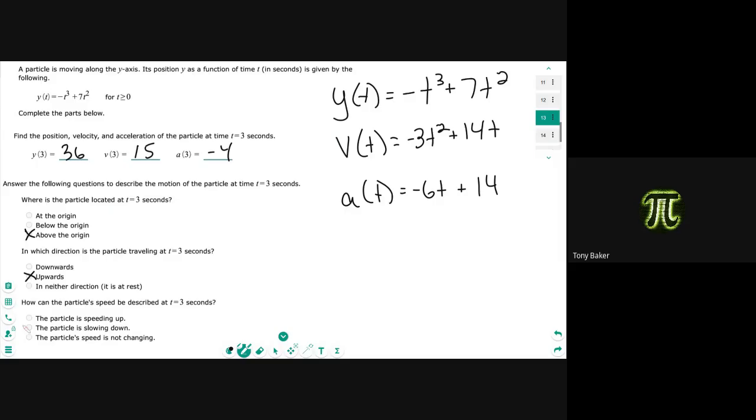It's slowing down because it's negative. Any questions on this one?